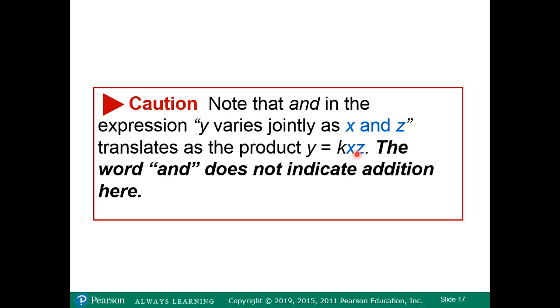Okay, so the word and does not indicate addition here. Be careful, it's the product. It translates as the product in this case, x times z. It's just saying it varies jointly among both of them, and so in this case it's a product.